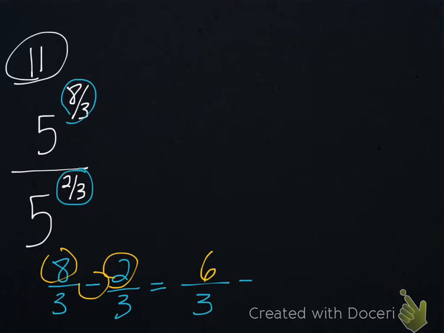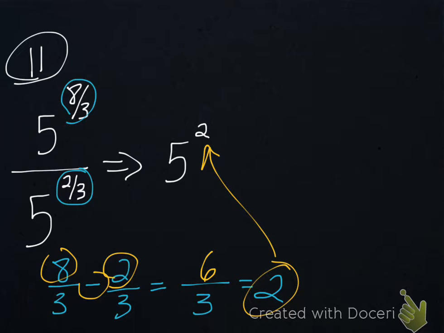Can we reduce that? Yes. 6 divided by 3 is 2. So this would become 5 squared, because I'm going to take this 2 and plug it in for the exponent. Now, can we evaluate 5 squared? Yes, we would get 25. That is our answer.